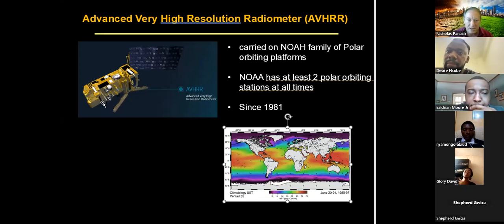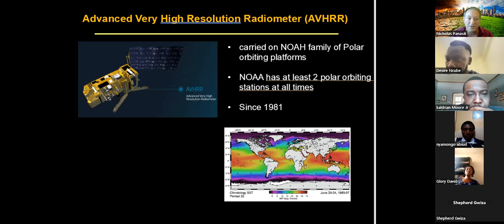Usually these instruments are one component of a satellite that may have many components. It may also have several different weather-related or climate-related instruments on the same satellite, each gathering data in a different fashion. In the case of the AVHRR, this is doing high resolution in the infrared.